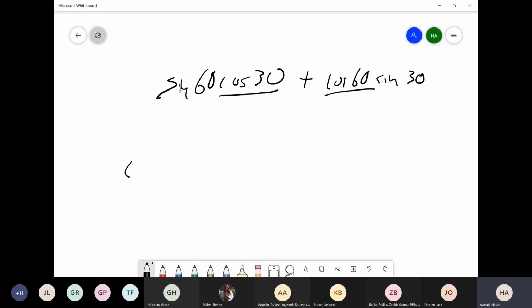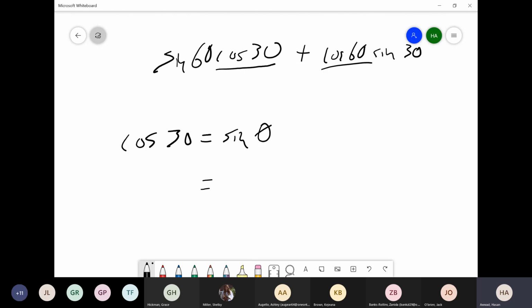So that's basically saying, if I have cosine of 30 and I want to convert it to sine of some degree, I just want to use the cofunction property that we talked about before. This is the same thing as sine of 90 minus 30, which gives me sine of 60.